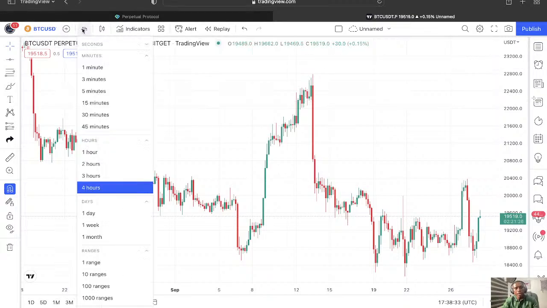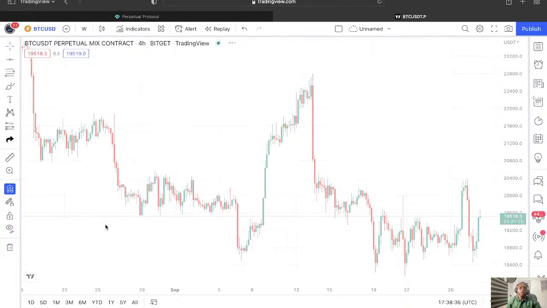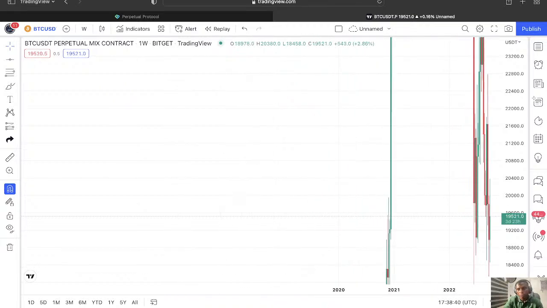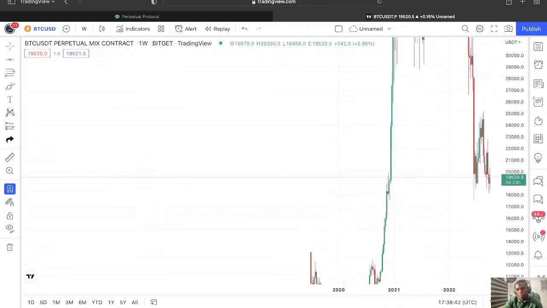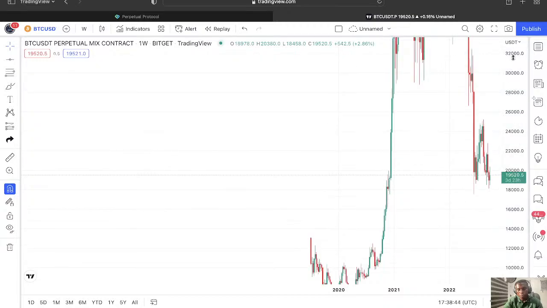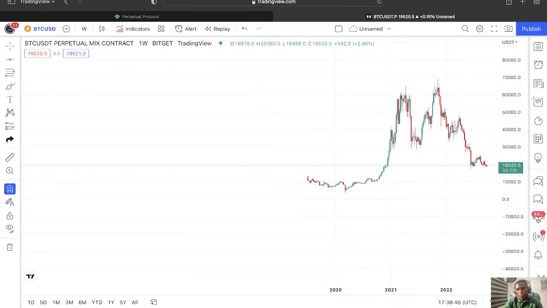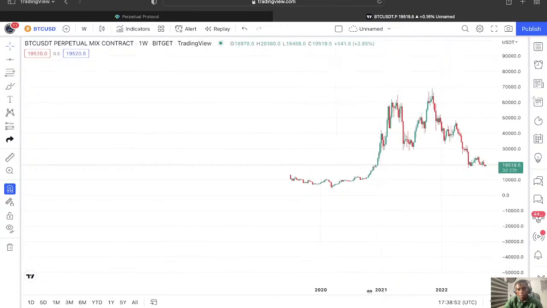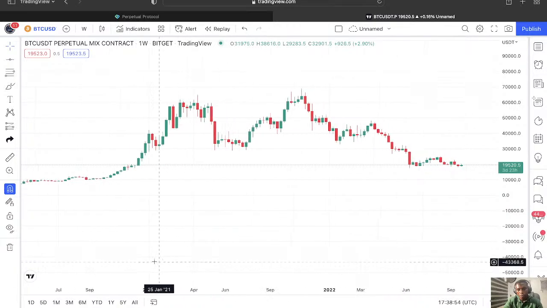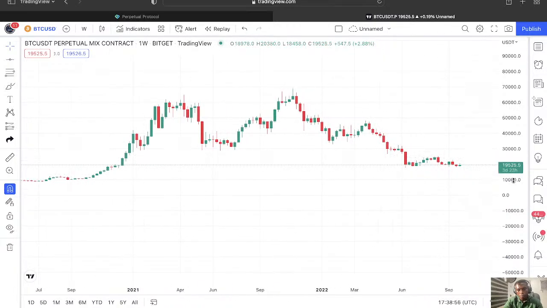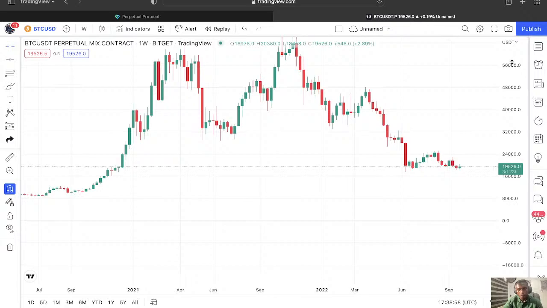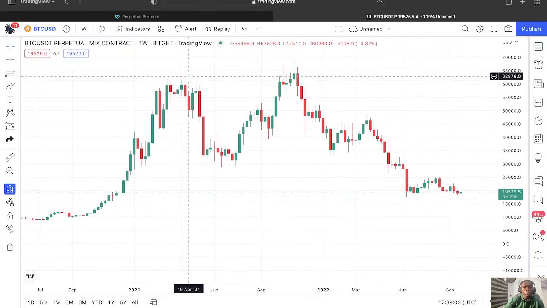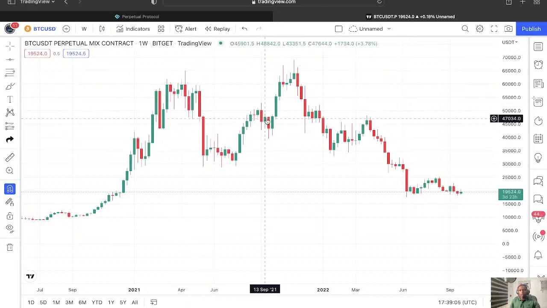Let's go to the higher time frame, the weekly candle chart. All right, so let's map out some key levels.